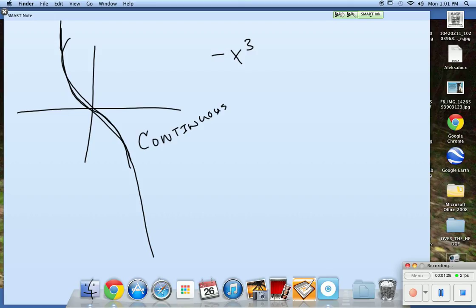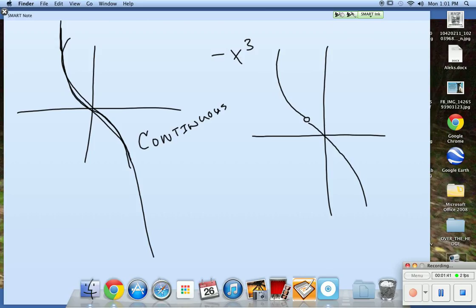All right. If we were to graph something that, let's say, came down like this, and then there was a hole in there, in other words, it didn't continue through, this would be discontinuous. This is called point discontinuous.